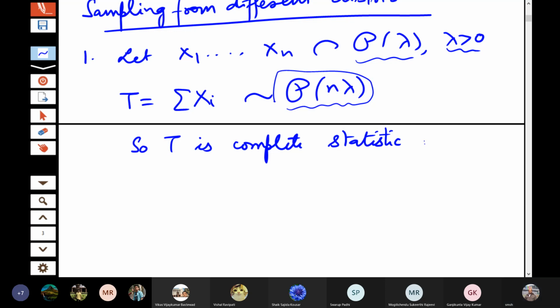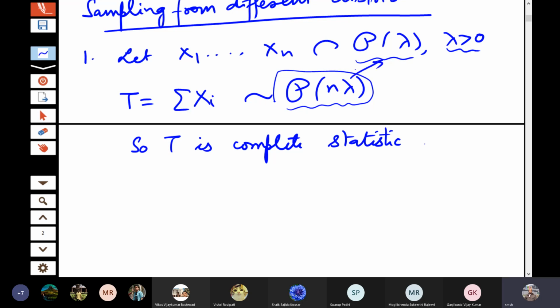We proved that the family of Poisson distributions is complete. In fact, I showed that for Poisson lambda, if expectation of g(x) is equal to 0, then consequently g(x) is equal to 0 for all x, that is x equal to 0, 1, 2, so probability of g(x) equal to 0 was 1. Now I am considering T as the sufficient statistic here, and I am looking at its distribution, which we know is Poisson n lambda.